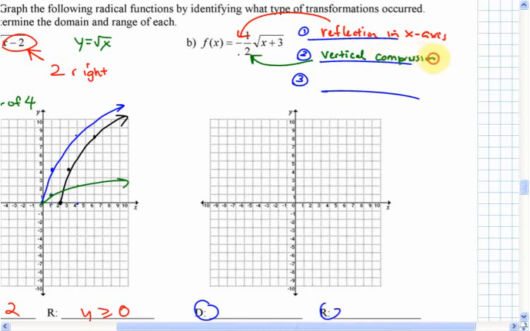Okay. By 1/2. And then, yes, the last one is 3 to the left. Good. So don't forget, this is the one that's kind of weird. You see a plus, but it actually means minus. Go left 3. Okay?